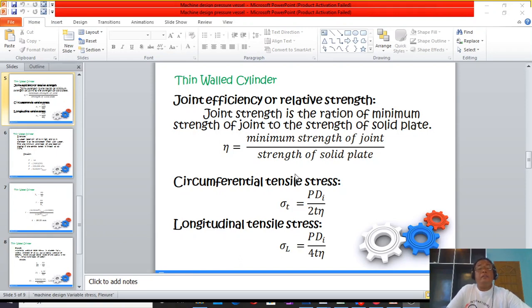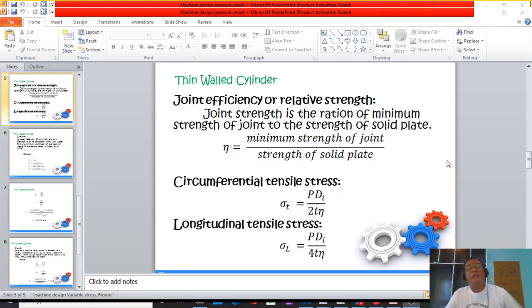And then, considering now the equation with the efficiency, sigma t is equal to PD over 2t multiplied by the efficiency n. And for the longitudinal stress, sigma L is equal to PD over 4t multiplied by n.